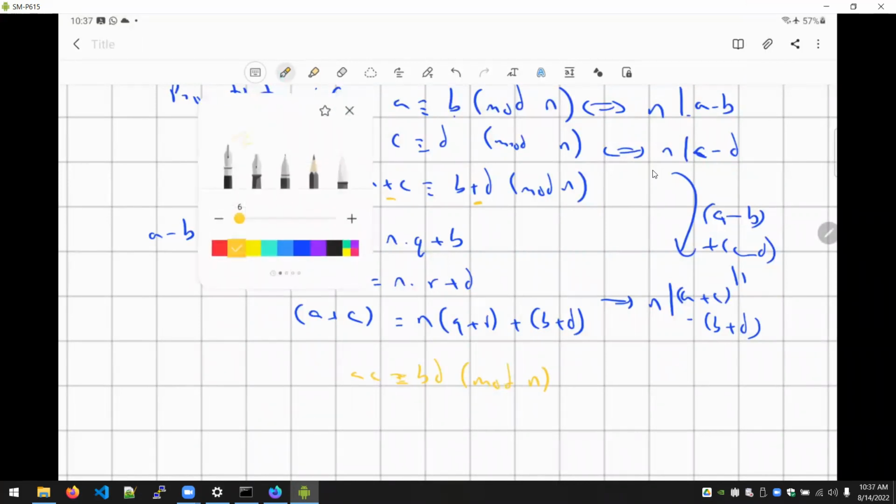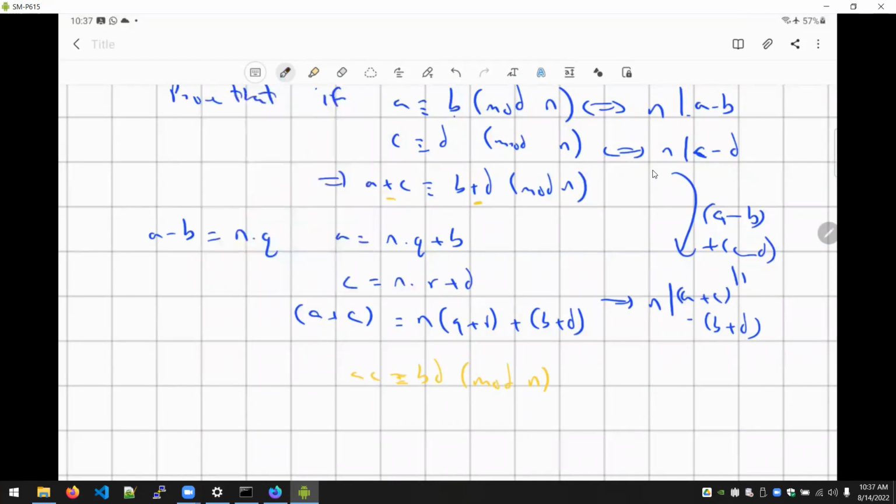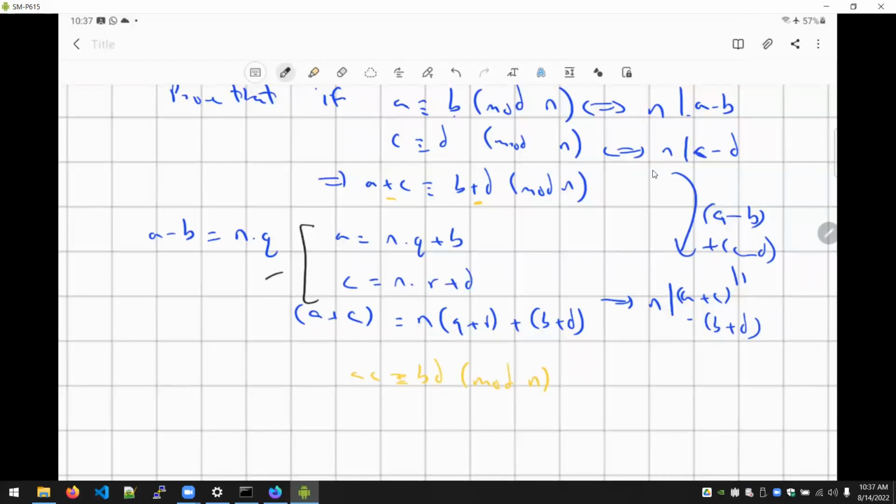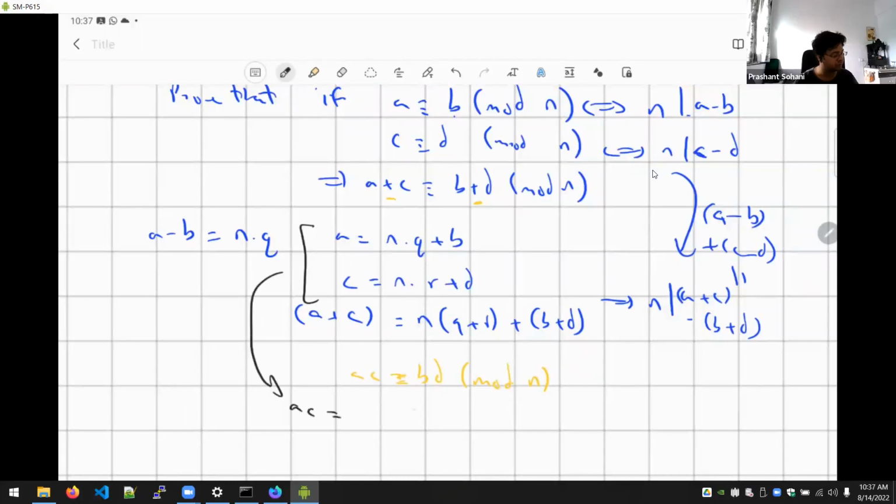So we can multiply the equations, like represent A equal to nQ plus B, and all the terms that contain n will come under one term, and the remaining will come out to be BD. Yes, correct. So when you multiply these two, you'll get AC is equal to something complicated, like the things will cross multiply.